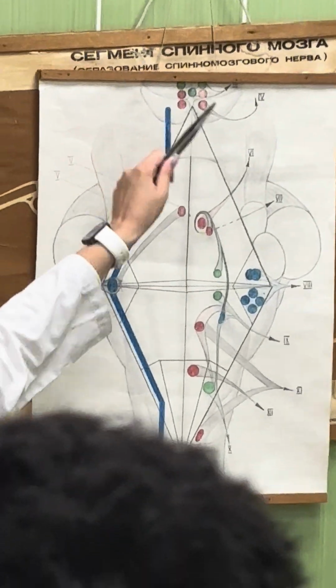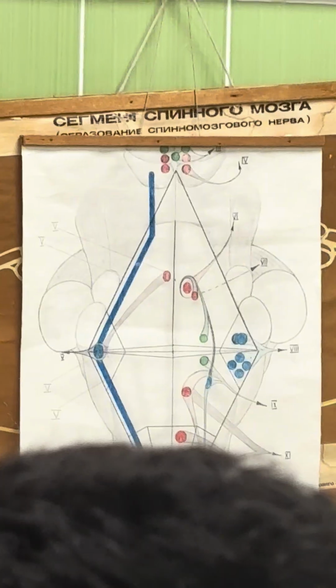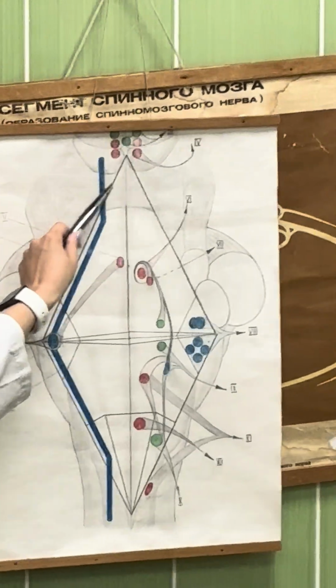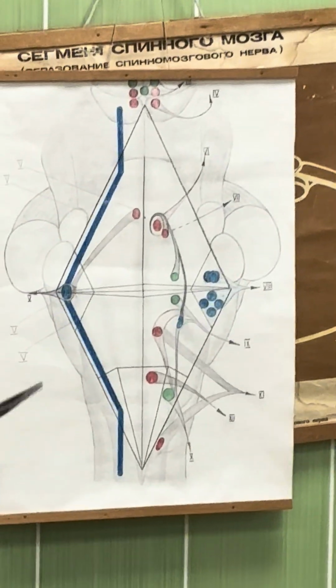So it has 5 nuclei, 2 paired and 1 unpaired, and they are located in the midbrain.